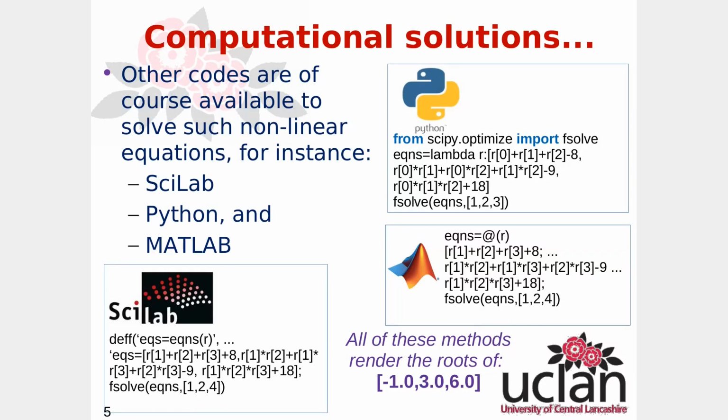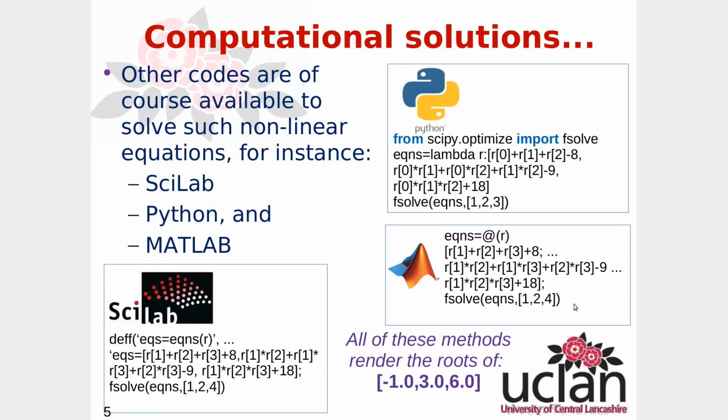In MATLAB, it works in a very similar way, but instead of using the lambda function, it uses this at symbol. So equations at R, and then we just simply write the equations. Don't forget, of course, in MATLAB and Scilab, you will need the dot command if you're going over each of the lines accordingly.